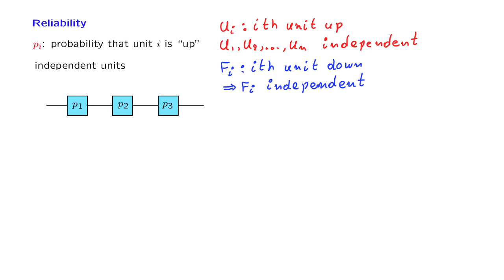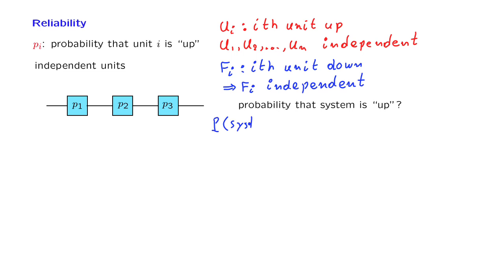and now we move to do some calculations for specific systems. Consider a particular system that consists of three components, and we will say that the system is up if there exists a path from the left to the right that consists of units that are up. So in this case, for the system to be up, we need all three components to be up, and we proceed as follows.